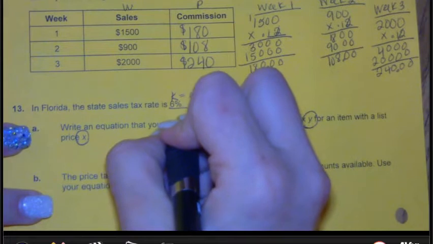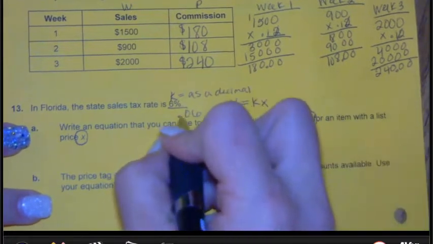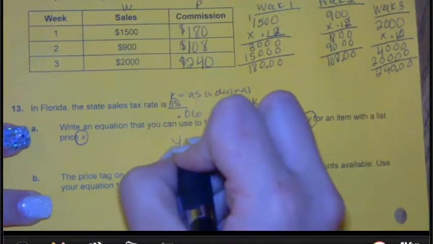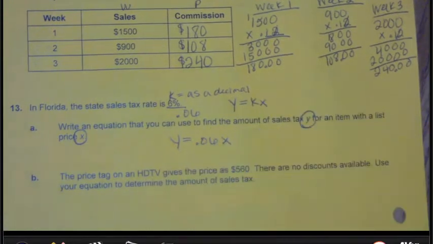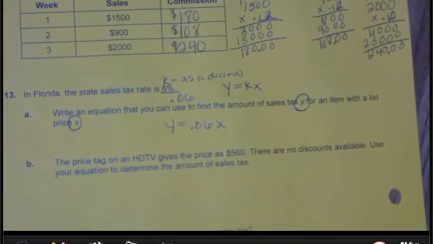Okay, so 6% as a decimal is 0.06, and that's all I need to plug in for my equation. So my sales tax is equal to 0.06 times X, the price of my item.